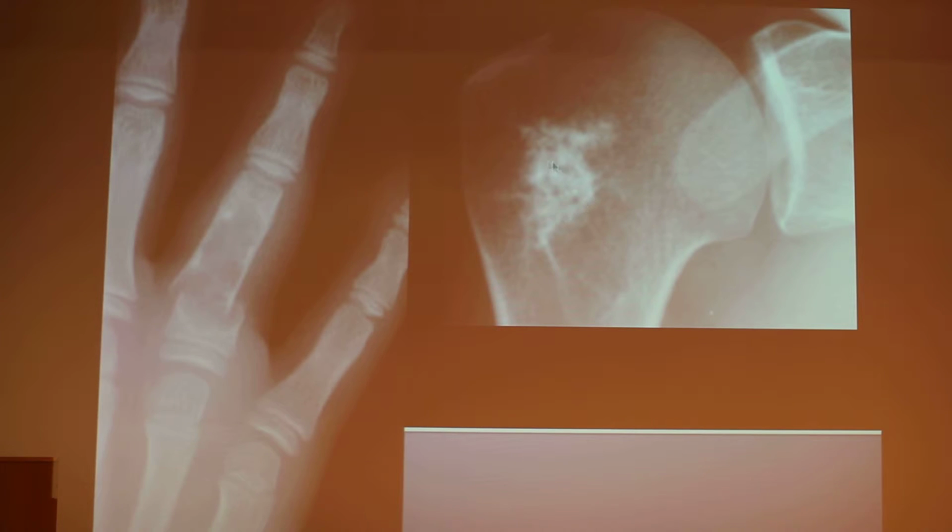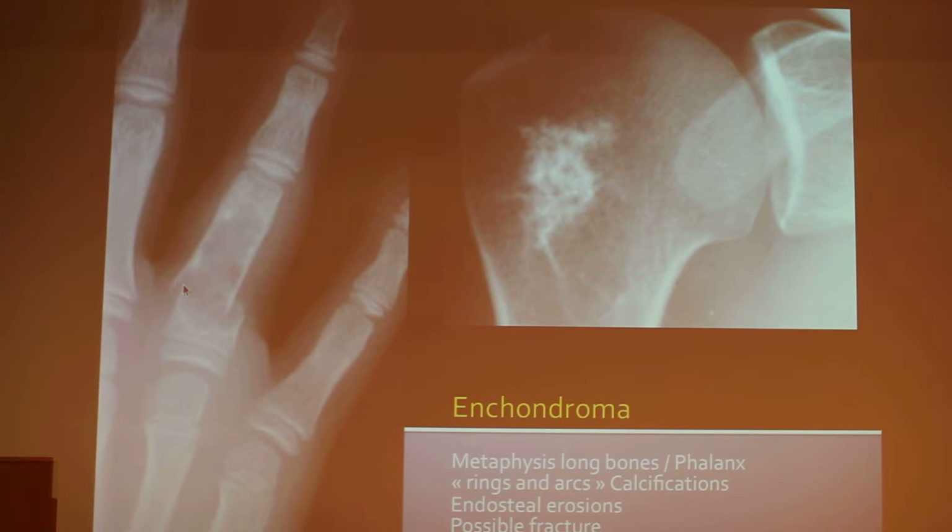Here we have the same lesion where we can easily see all the calcifications. So we're dealing with metaphyseal lesions involving long bones or phalanx with calcification, with possible complications like a fracture in this example, and this is typical of enchondroma.